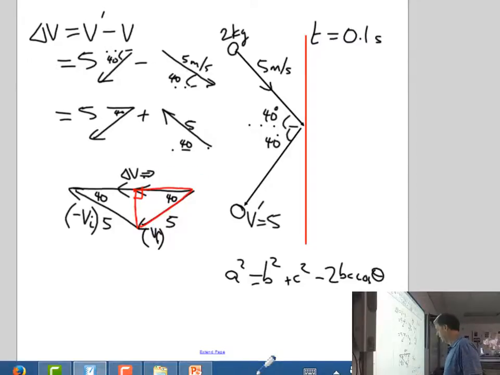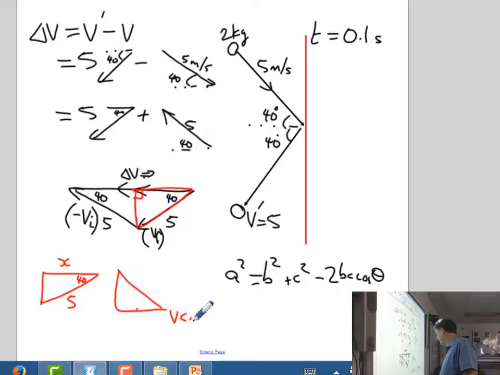We're trying to find this value out here. We've got a 5 there and we've got a 40 in there. This is very much like a flipped horizontal component for projectiles. You would have gone v cos theta, and this is the same thing here. That x value there will be v cos theta. If you double that, you will get the full change in velocity.